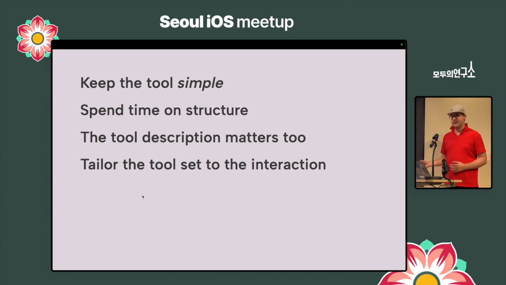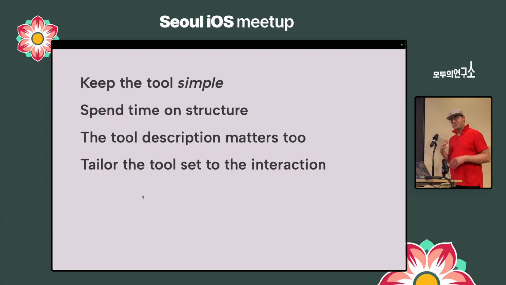Same principle applies with AIs, but times 10 in OpenAI or Anthropic, and times 100 in the Apple Foundation models. If you try giving it 5 tools for one session, you're probably going to have a bad time. You should probably try and set up a session that is scoped for the specific task that you're trying to do. Spend a good amount of time on the structure.